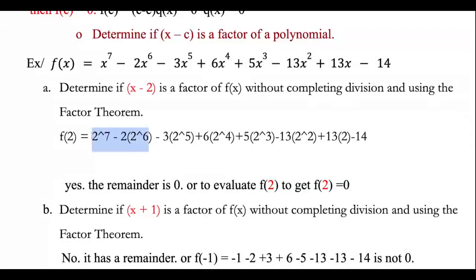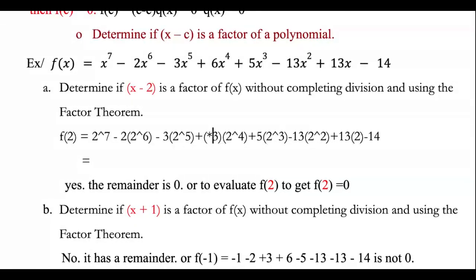So these two terms cancel each other, right? You see negative 2 times 2 to the 6 is negative 2 to the 7. So 2 to the 7 minus 2 to the 7 is 0. Those two terms are gone. Then we have negative 3 times 2 raised to 5. 6 we can write as 2 times 3, times 2 raised to 4.